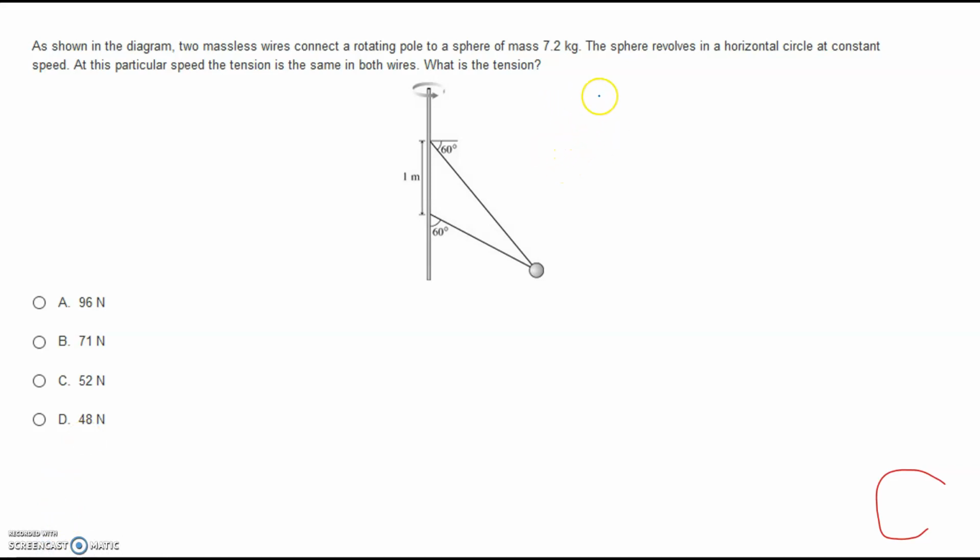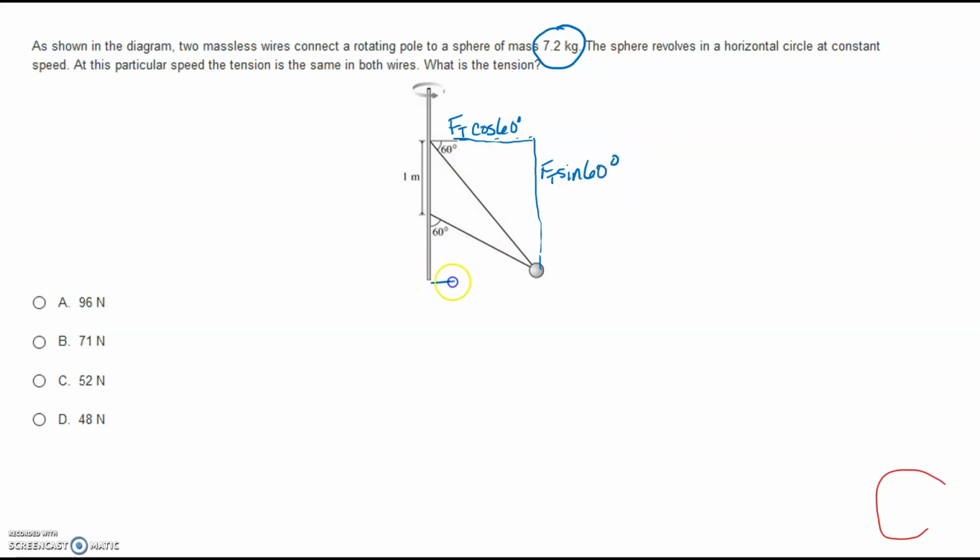Okay, this was fun. As shown, 2 massless wires. Okay, so this is 7.2 kilograms. Okay, so what I did was I said, okay, I drew my little triangle. And I said that this is going to be ft cosine 60 degrees. And this is going to be ft sine 60 degrees.